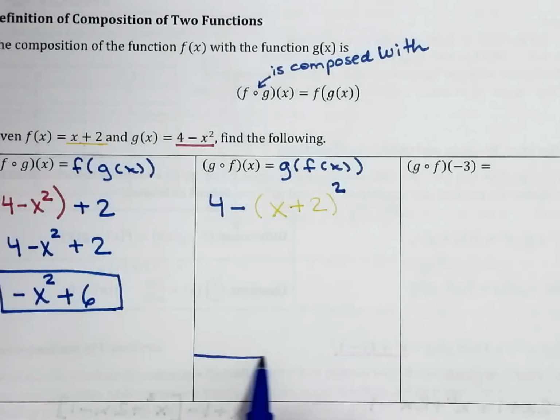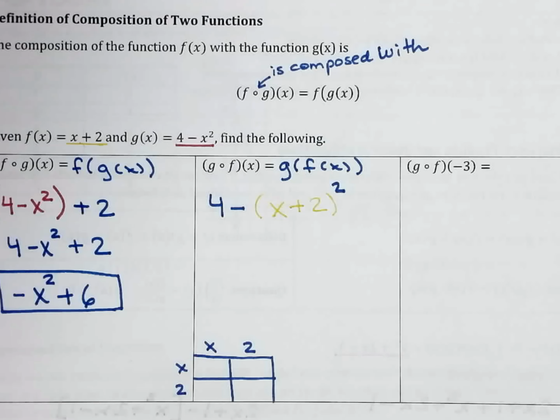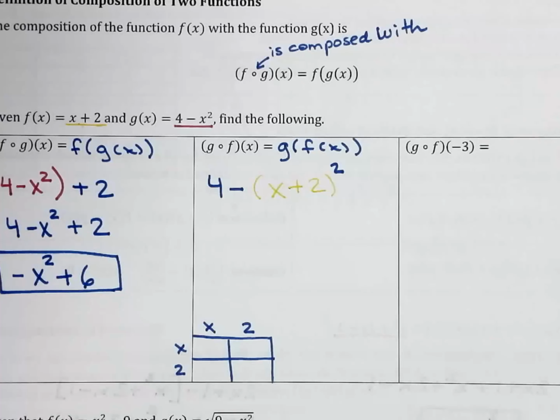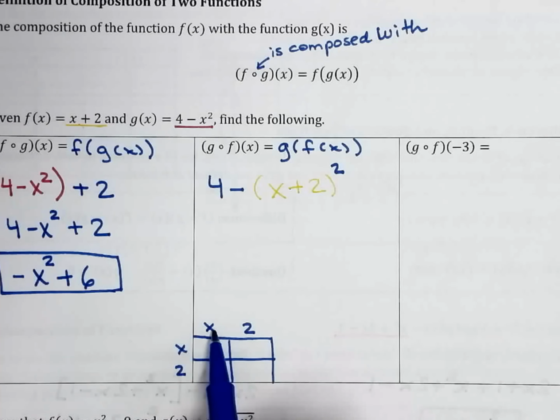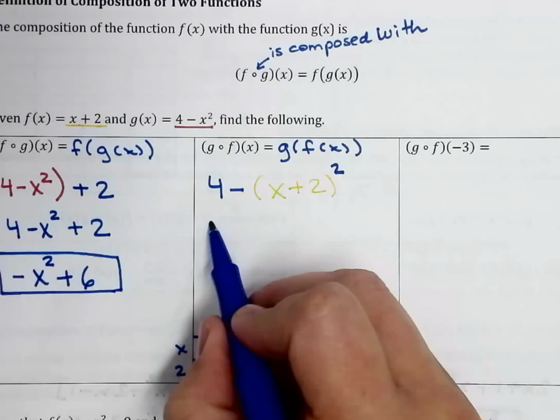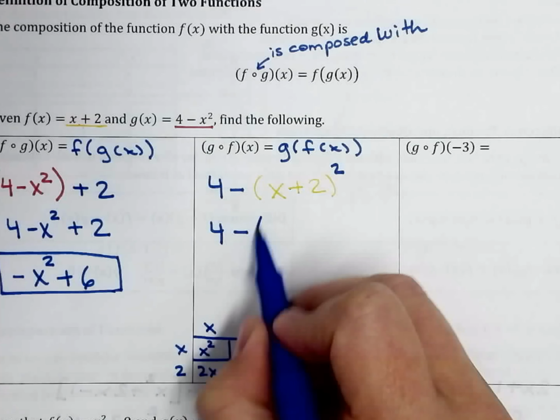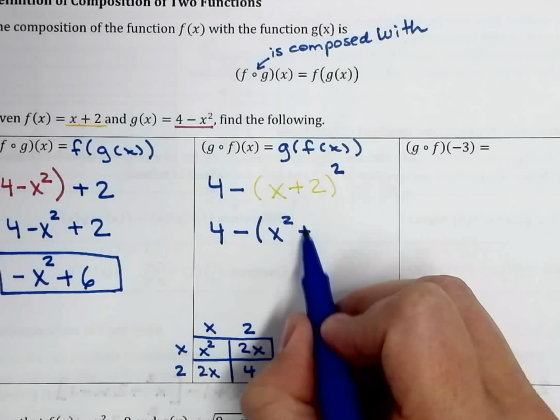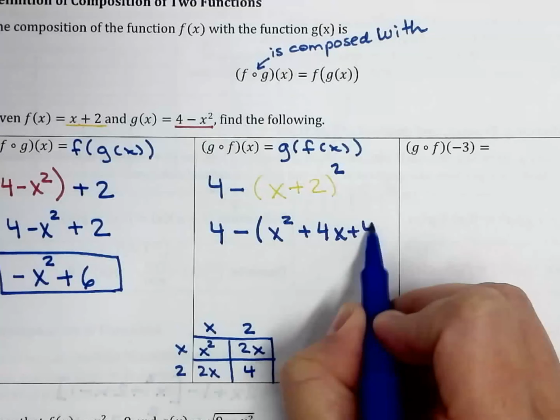If you want to do the box, you do the box. If you want to do it mentally, you do it mentally. But just because this is really early in the year, we're going to write it out. So x plus 2 times x plus 2, here's the box, you multiply, and then you combine. So 4 minus x squared plus 4x plus 4.